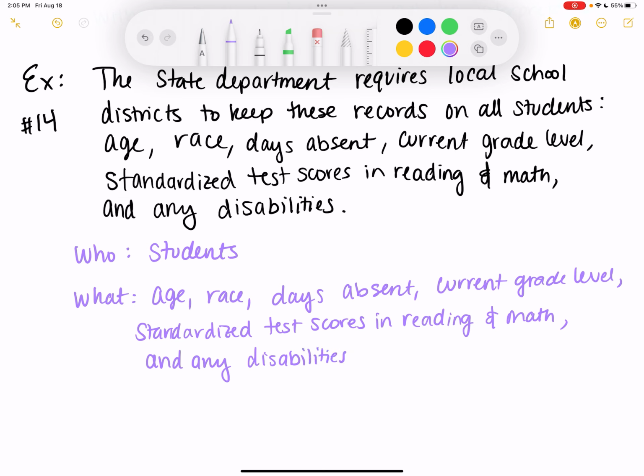So don't shorten and just say standardized test scores. Make sure you write it out in full, in reading and math. Definitely good to know.